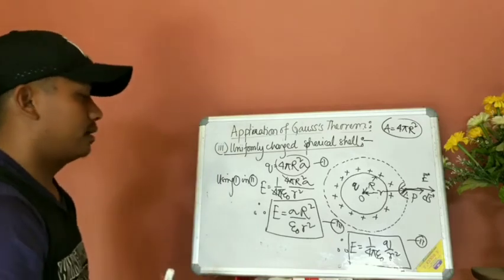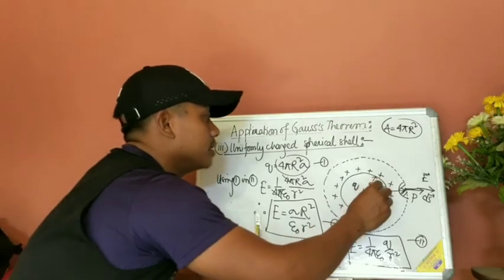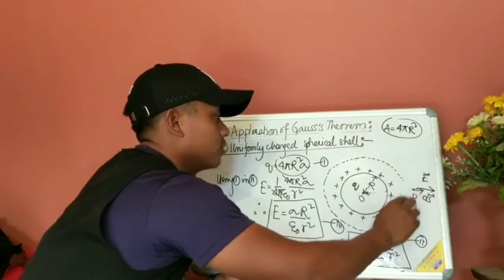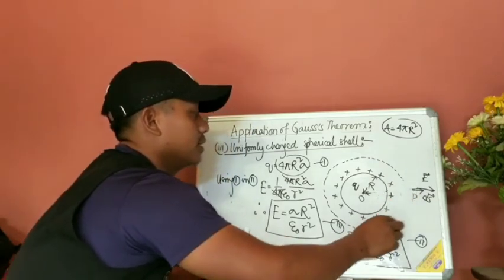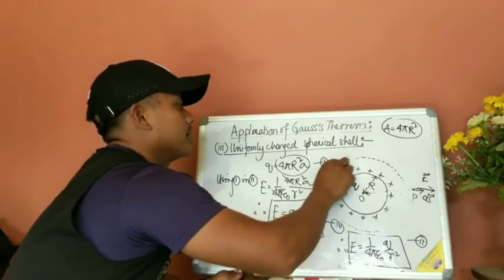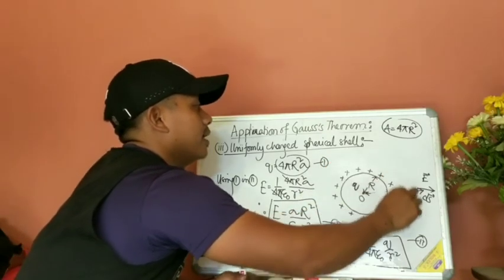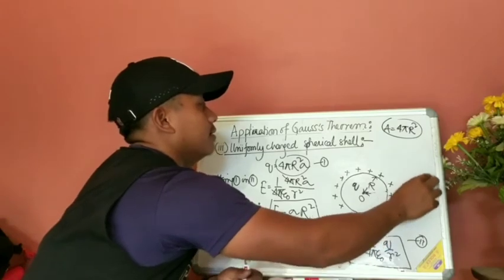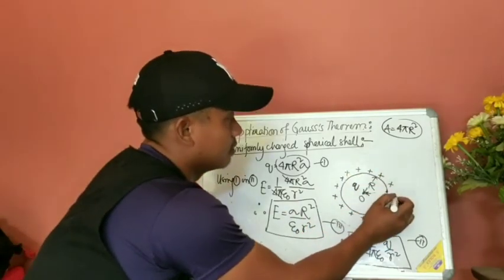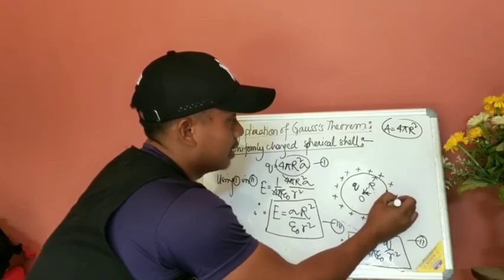Then what if the point P lies on the surface of the cell? Let's imagine point P lies on the surface.